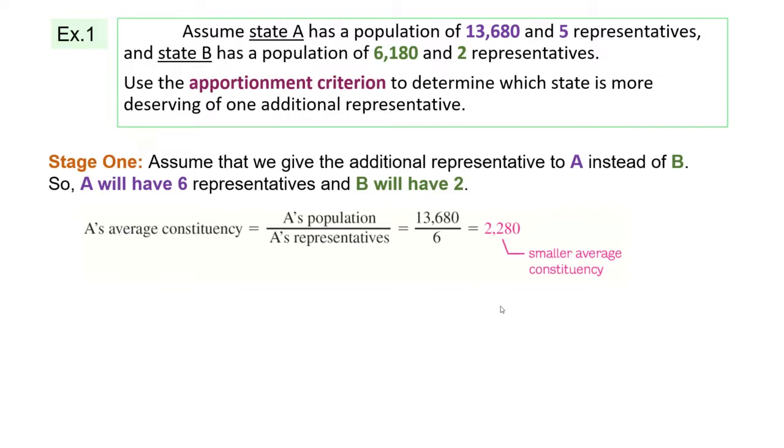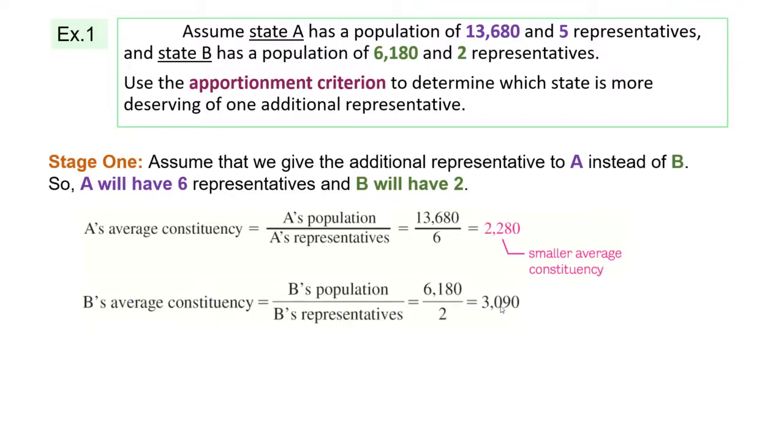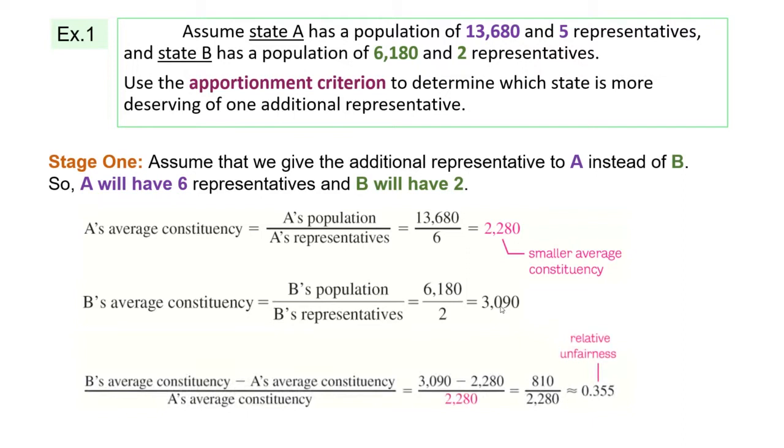Okay, we find the average constituency, A's average constituency, B's average constituency. So A's constituency is small, it means that B is now more poorly represented. It's of course because A got an extra representative.